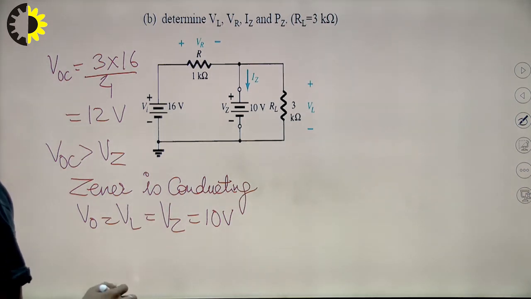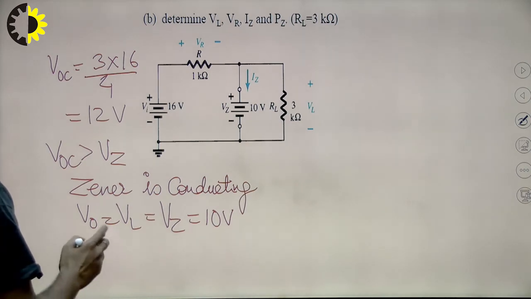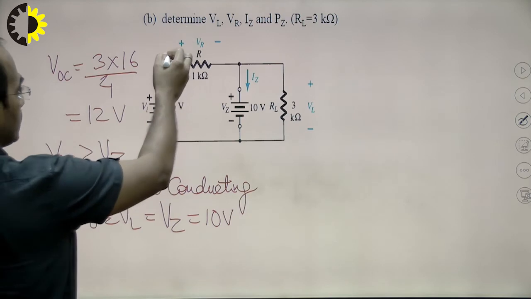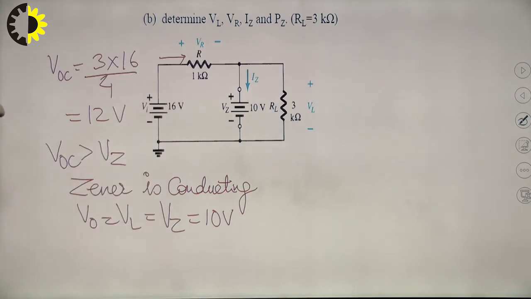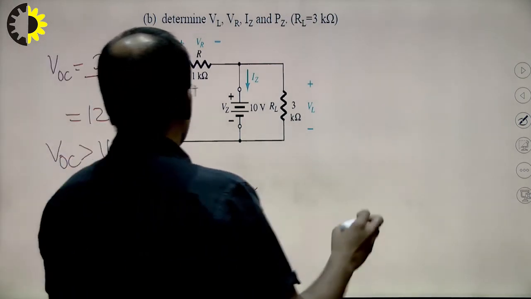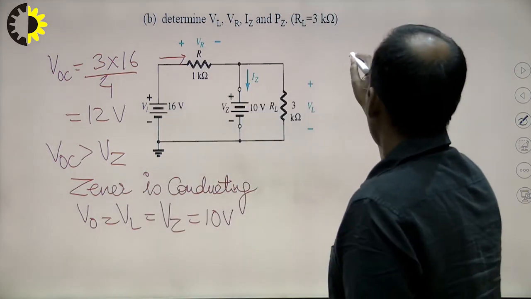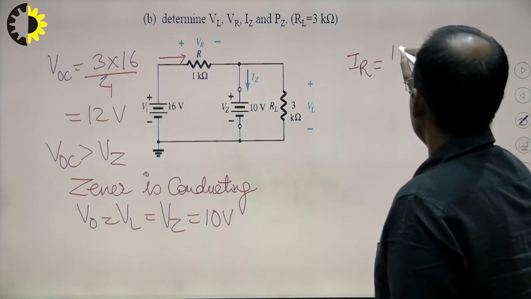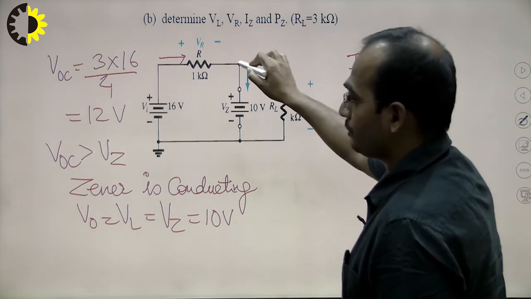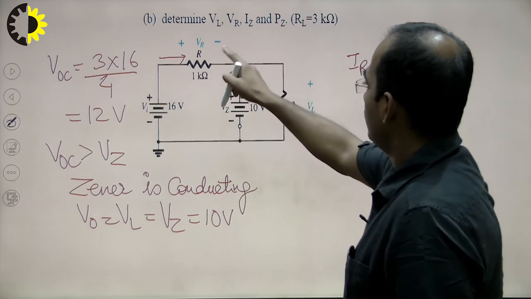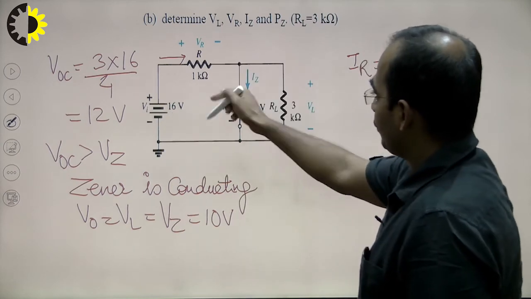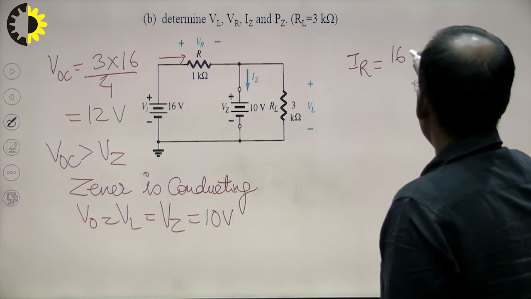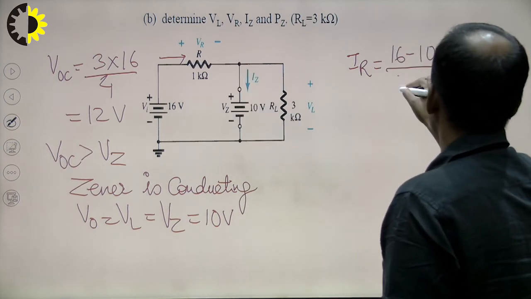So, after finding the value of Vz, we can find the current flowing through this resistance R. So, what will be the value of IR? IR will be equal to 16, the voltage at this point is 10 volt, the potential difference between these 2 points, 16 minus 10, divided by the resistance 1 kilo ohm.